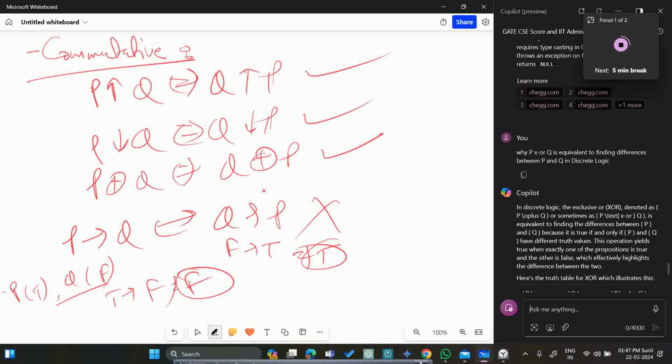So this is not equivalent. But biconditional would be: P biconditional Q is equivalent to Q biconditional P.